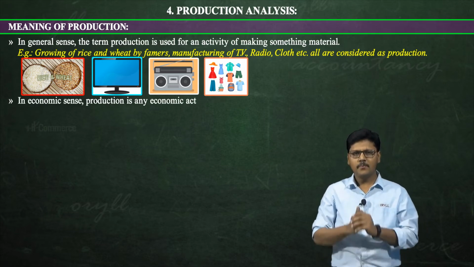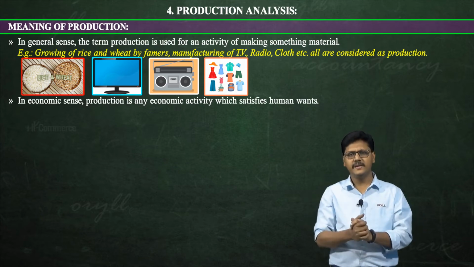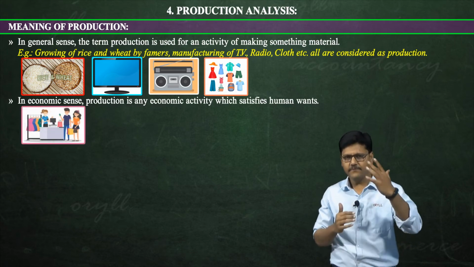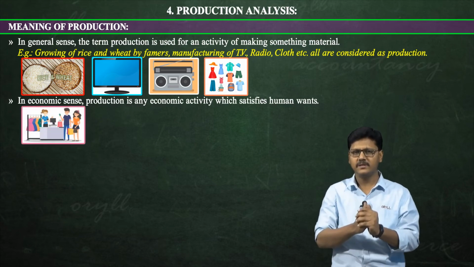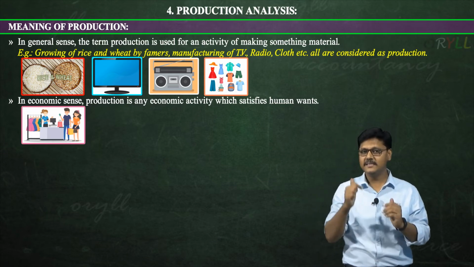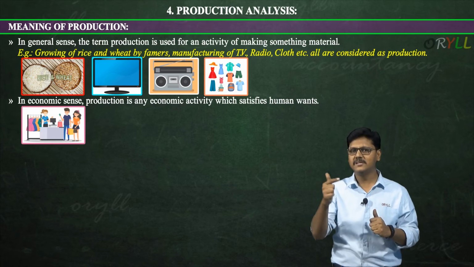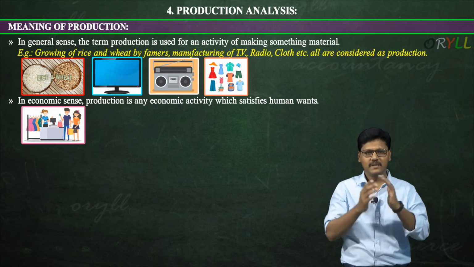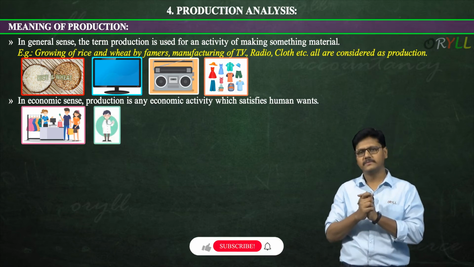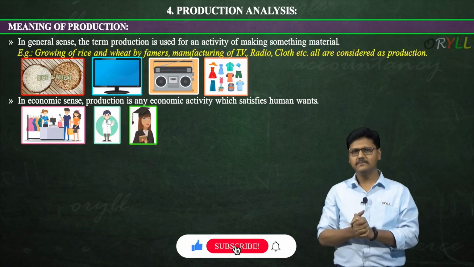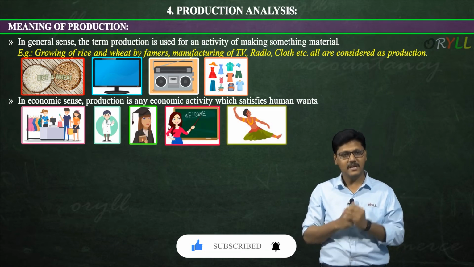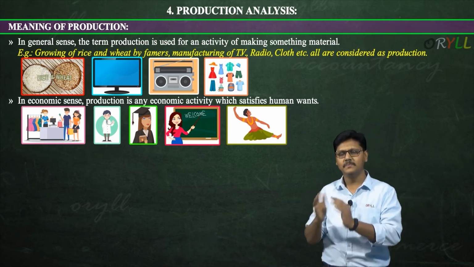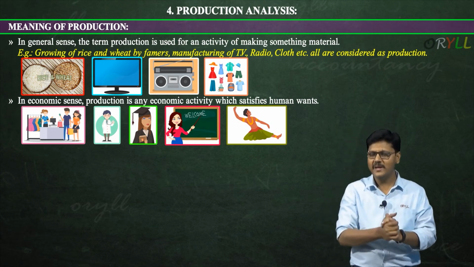In the economic sense, production is any economic activity which satisfies human wants. For example, making a cloth by the industrial worker is production, as I said, and the services of the retailer who delivers it to the consumers is also production. Next example, a doctor, a lawyer, a teacher, a dancer is also production, because they are satisfying the wants of those who pay for them.